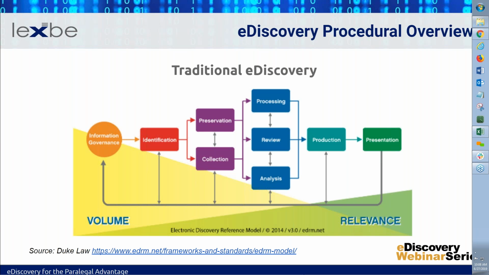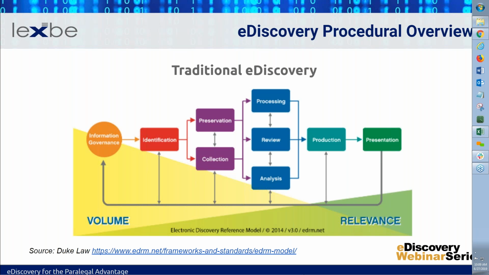And then the next step is when Lexbe comes in. Now, we may have been involved in the collection process or we may not have. But once the ESI has been collected, that's basically the stage when an eDiscovery vendor gets involved, because we will then process it for you.